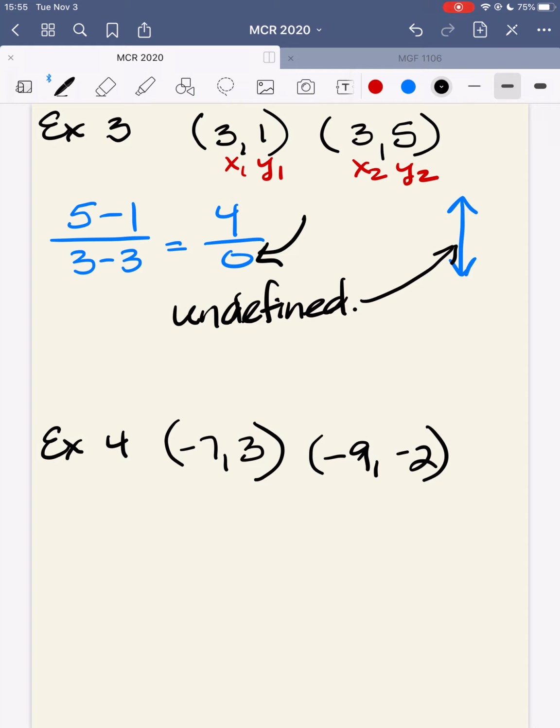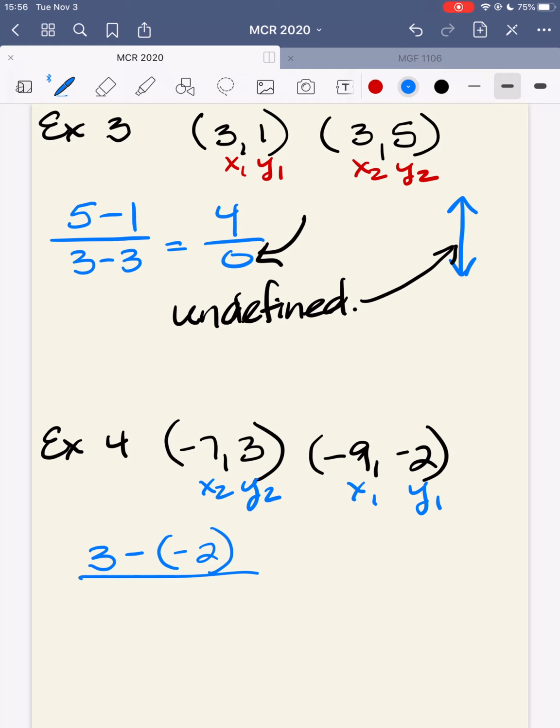All right, let's look at example 4 real quick. I'm going to make this x2, y2, just for no reason, and x1, y1. Okay, so my y2 is 3. My y1 is negative 2. Now remember, that's subtracting a negative 2.